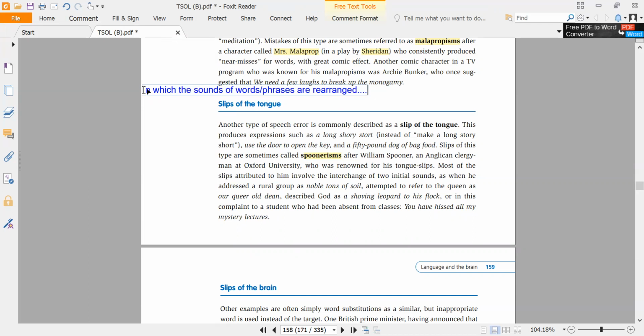Like when there is a word or a phrase, even a sentence, we rearrange the sounds of two words, right?